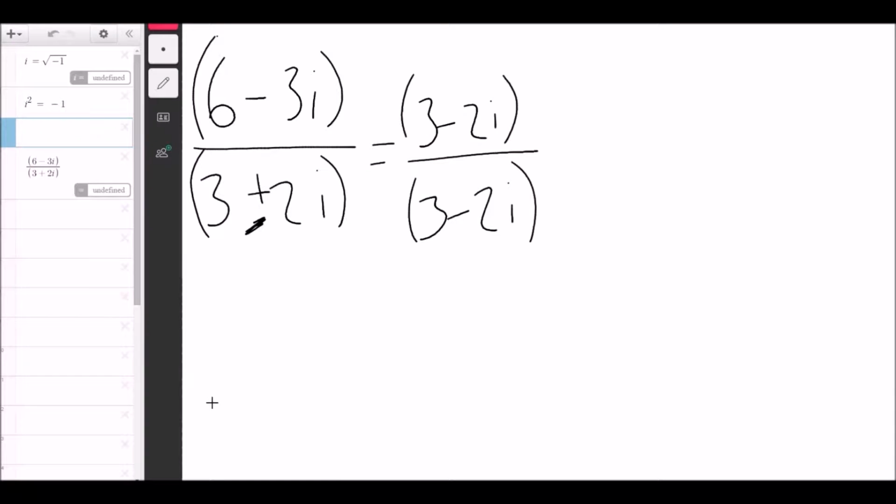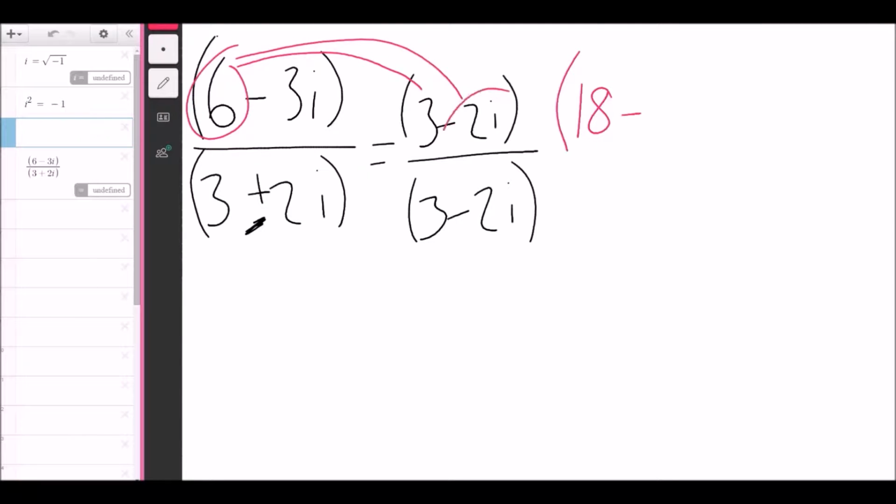Okay, so we're going to multiply each factor with the opposite equation. So it's going to be 6 times 3, and that is going to give us 18, minus 6 times -2, and that is going to give us 12i.